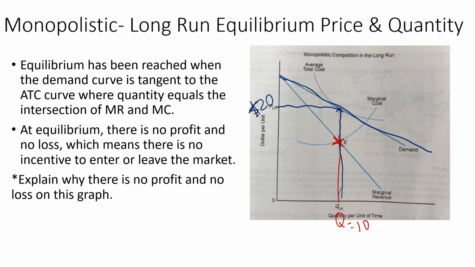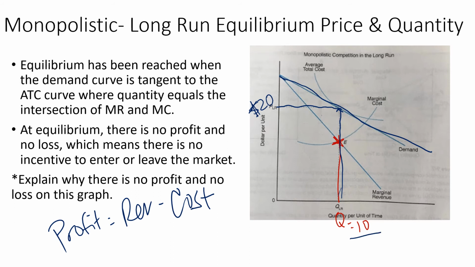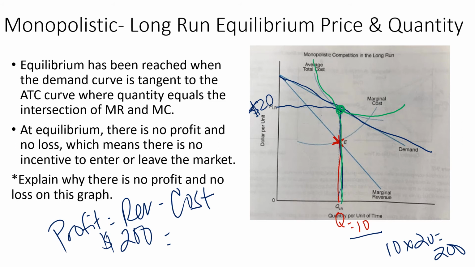Okay, so again, we know profit equals revenue minus cost. So revenue here, if we are producing 10 and we're selling them for $20, 10 times 20 is 200. So revenue is 200. What is going to cost us? Well, we have to find the average total cost curve, and then follow quantity up until we meet the average total cost curve.